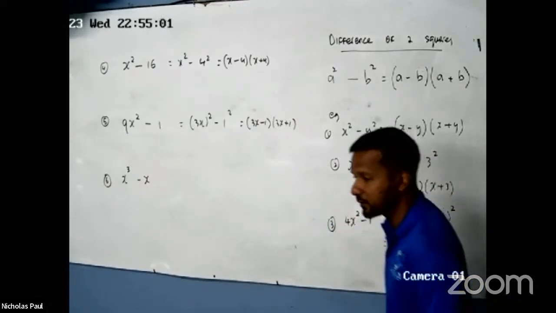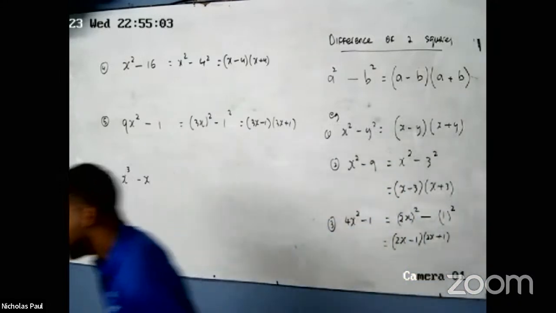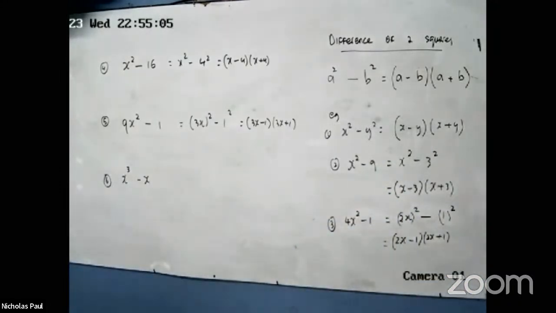Number 6. So we have here. Go ahead. Anybody getting 100 here?